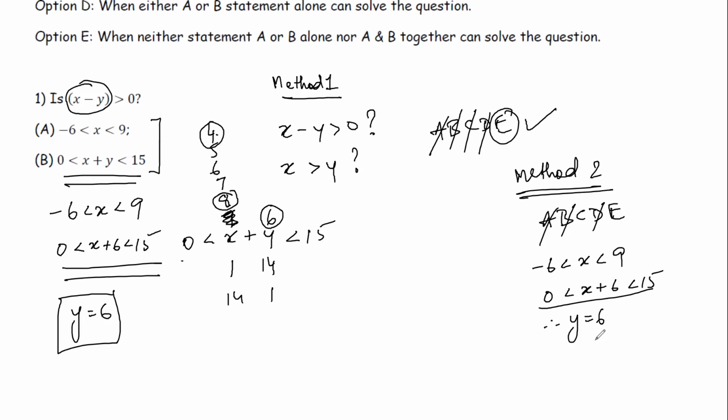Once we get y as 6, we go back to the first statement and we subtract y throughout, which is 6 throughout. When we subtract 6 throughout, we get minus 12. We get x minus 6, which you can consider as x minus y, and we get 3 out here.